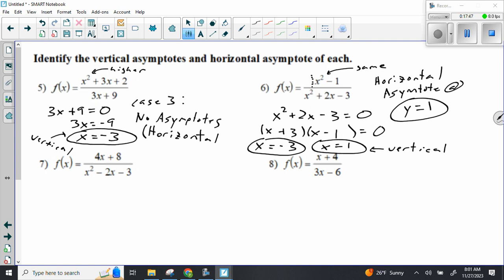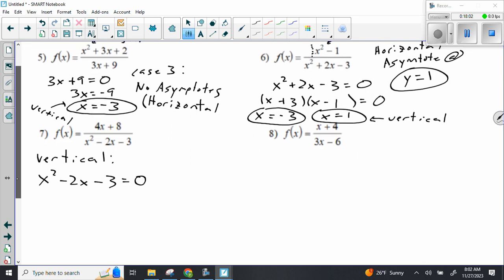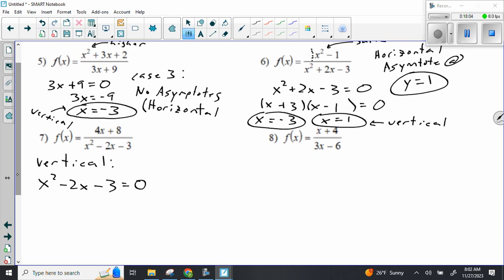Shall we do another one? Heck yeah. All right, let's look for our vertical asymptote. We're going to have to solve x squared minus 2x minus 3 equals 0. Hey, it's not going to be the same as the previous one. It's slightly different. It's a negative 2x instead of a positive 2x, which will make it factor slightly differently.